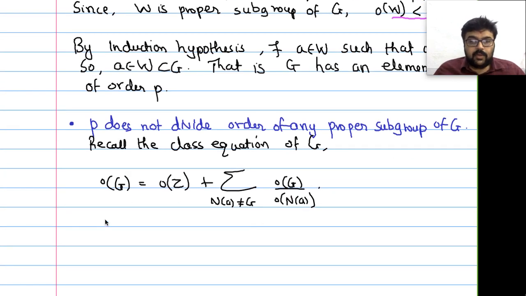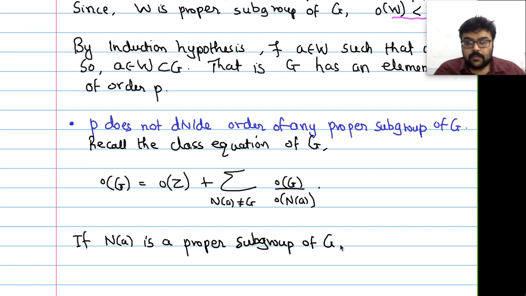Now NA is a subgroup of G, so it is either a proper subgroup or it is equal to G. So when NA is a proper subgroup of G, then P does not divide order of NA.